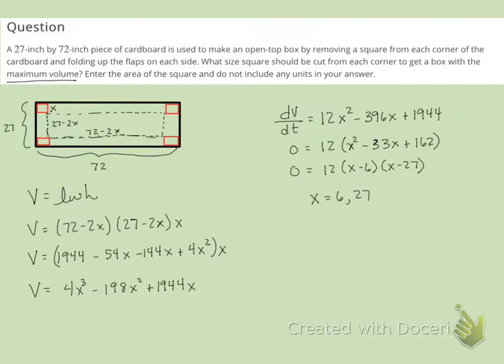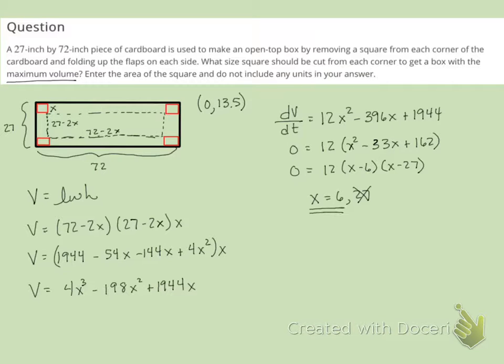And at 13.5, I'm not going to have a box because the width of this box would be 0. So the x could be 0, or the biggest it could be would be 13.5. So this possible critical value of 27, it doesn't fit in the domain.